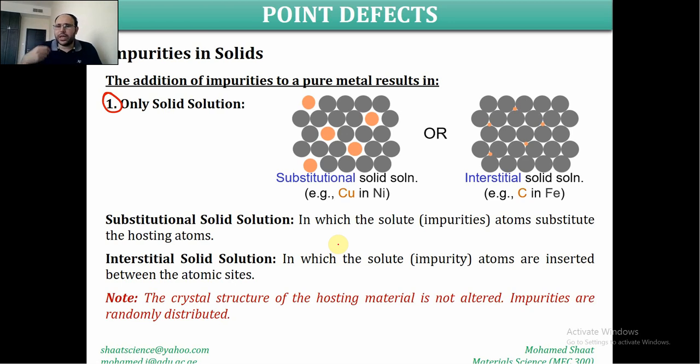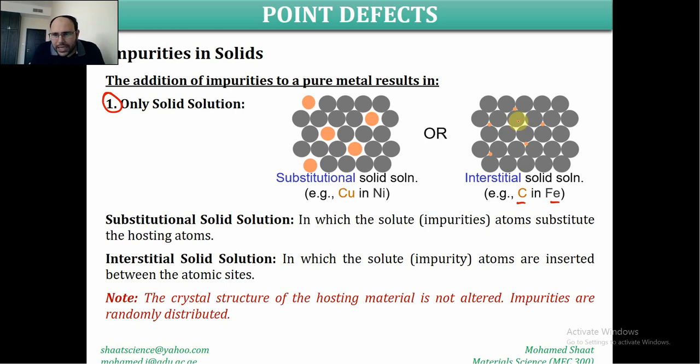What does it mean? In case the size of the atom of the impurity is too small in comparison to the size of the hosting material atom. We have the hosting material, which is the solvent. We have the solute, which is the impurity. For example, carbon that will be inserted into Fe, which is iron.